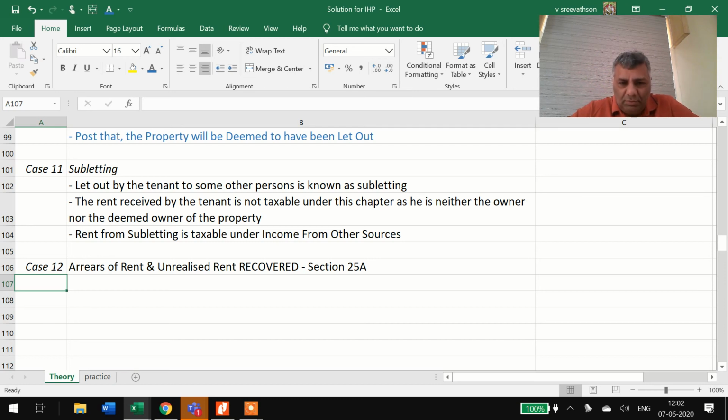Rent not paid. Rent not received or rent not paid. Okay. What is unrealized rent? We are going to receive it later. Okay, so both are the same.